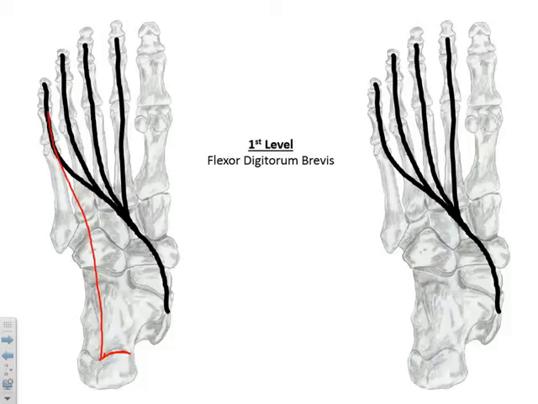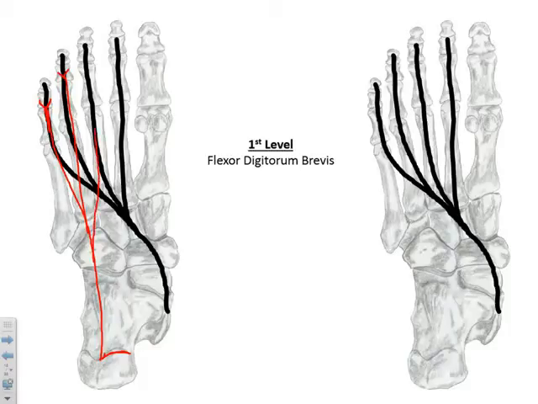And similar to what we saw in the hand with the flexor digitorum superficialis and profundus, the tendons of flexor digitorum brevis are going to split and attach to the medial and lateral aspects of the middle phalanx for each of these digits.